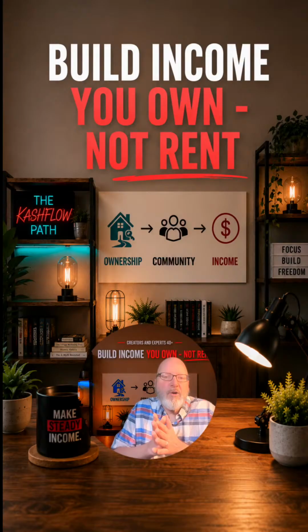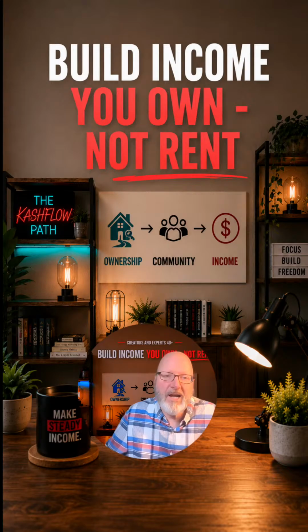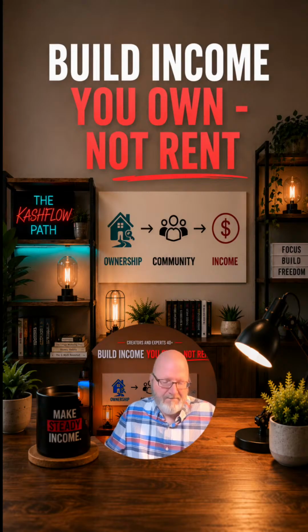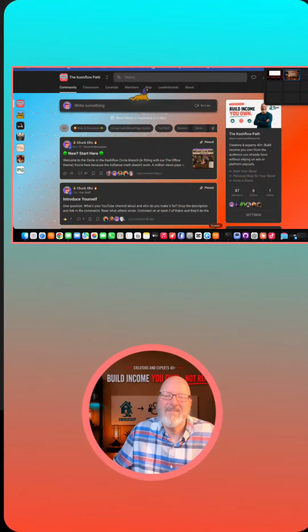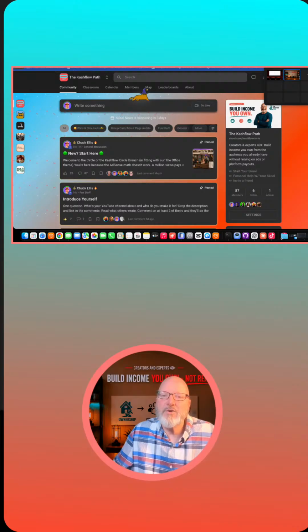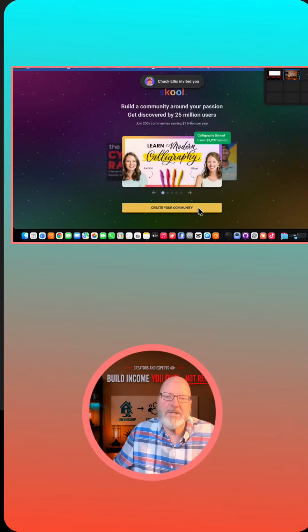So it's recurring. Number three, it's got a very high margin. Very, very high margin. Because if you go into my community and you click on this button right here that says Start Your School, now you see two options.